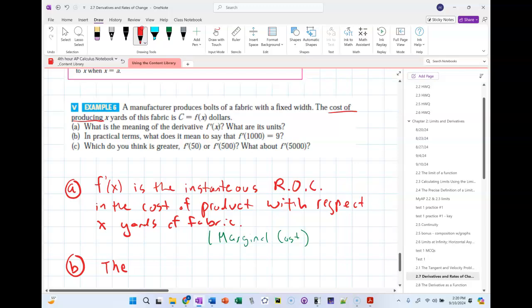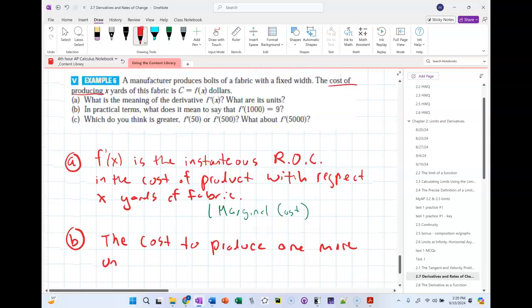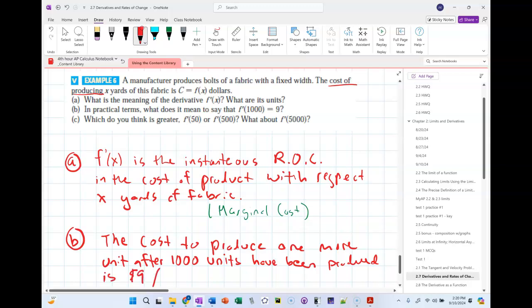It means the cost to produce one more unit after 1,000 units have been produced is $9 per unit.